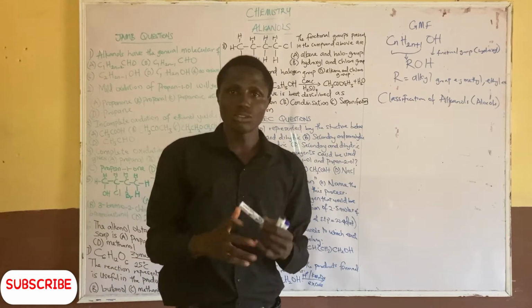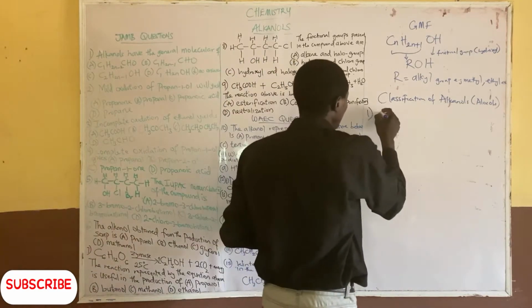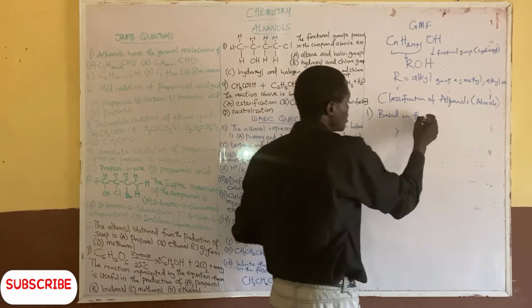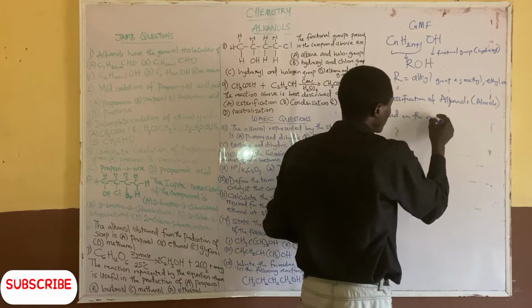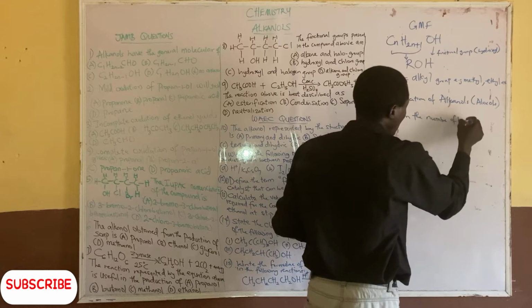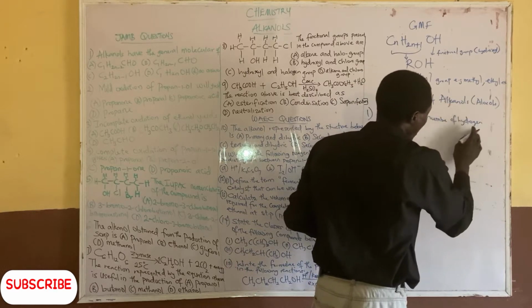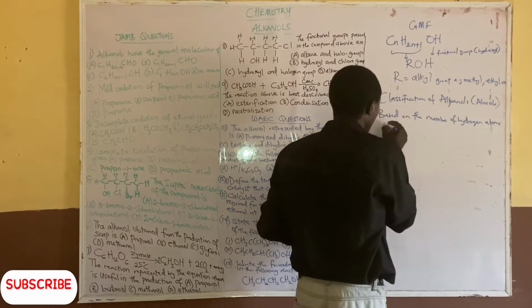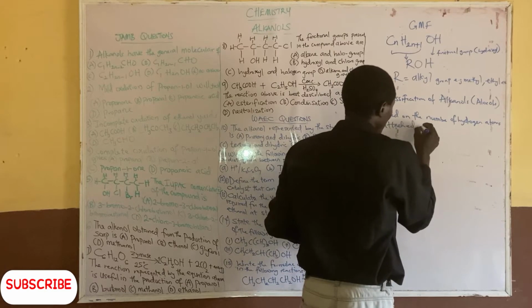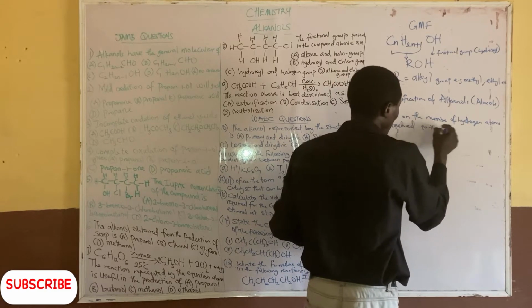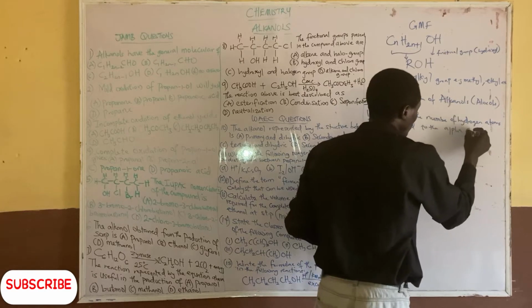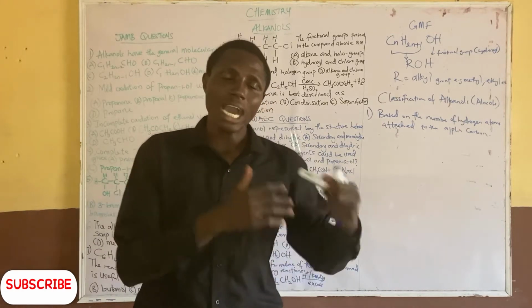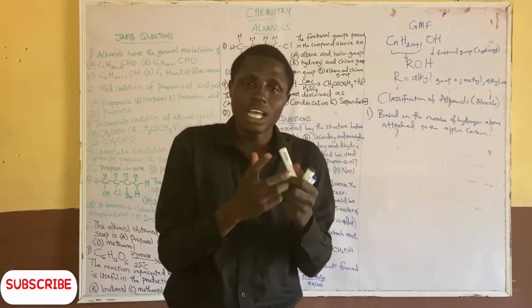The first classification of ALKANOLS is based on the number of hydrogen atoms attached to the alpha carbon.